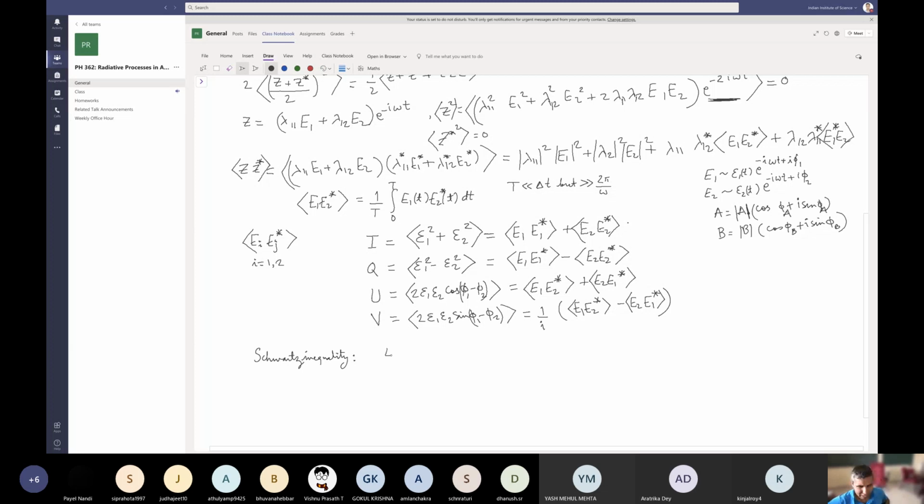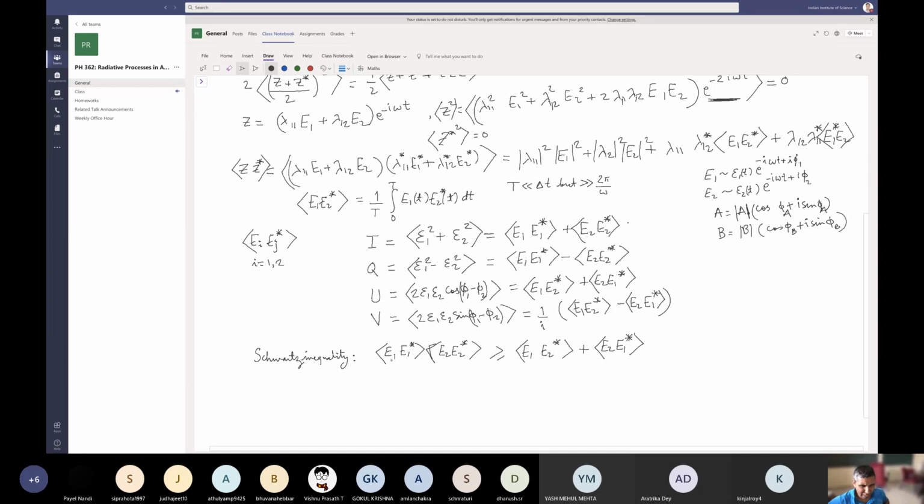What it says is that absolute value of E1 squared times absolute value of E2 squared, that is E1 E1 star times E2 E2 star, is greater than or equal to E1 E2 star plus E2 E1 star. Right, it's actually not that hard to see.